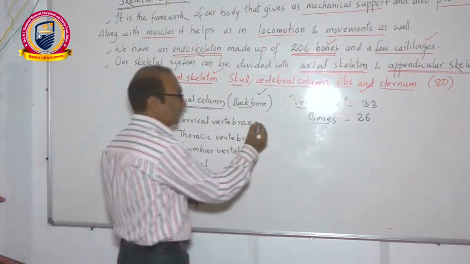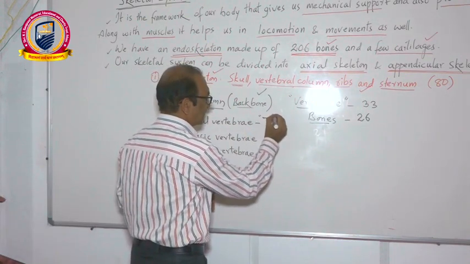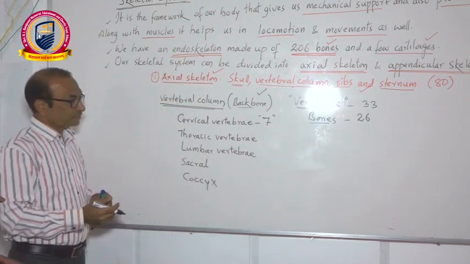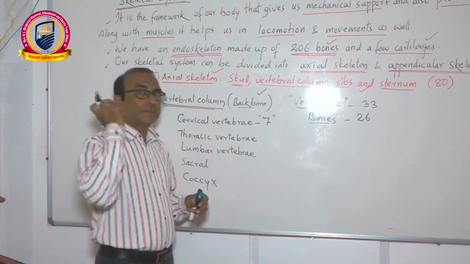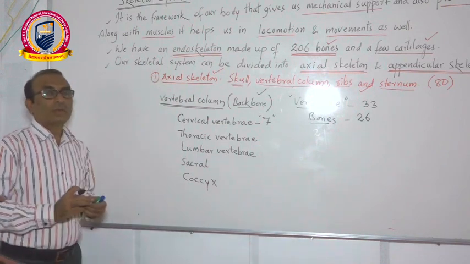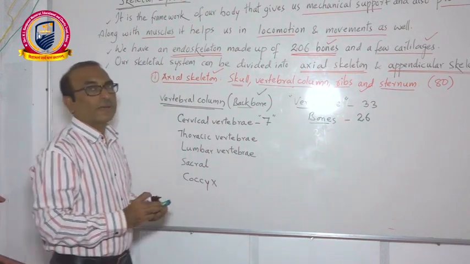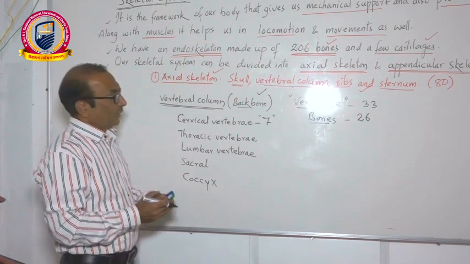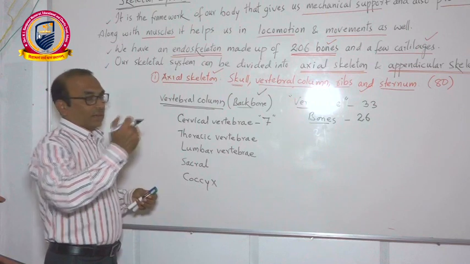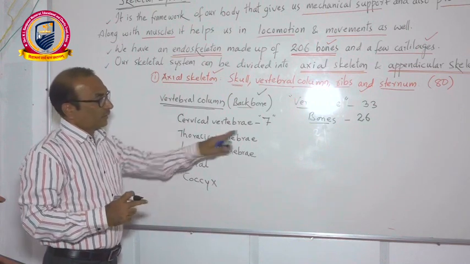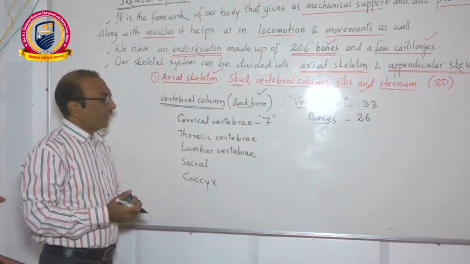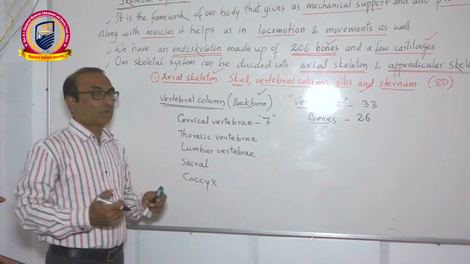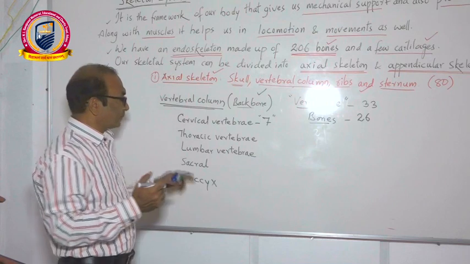We also have the same number, that is 7 vertebrae in our neck region. The first vertebra is called atlas, and the second one is called axis. Then another 5, so a total of 7 vertebrae we have in the cervical region. The remaining vertebrae are called typical vertebrae.